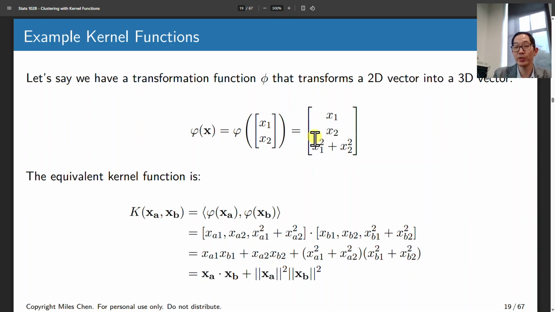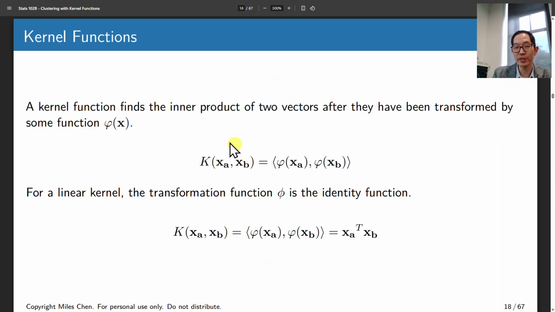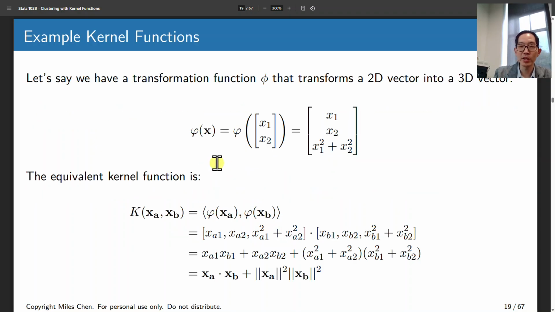Then when you transform it into 3 dimensions, you can still get a scalar value by doing the inner product, or the dot product, between xa and xb, okay? And this will be our kernel function. So I can take xa and xb, transform xa into 3D: xa1, xa2, xa1 squared, xa2 squared. And I do the same thing with b: xb1, xb2, xb1 squared, and xb2 squared.